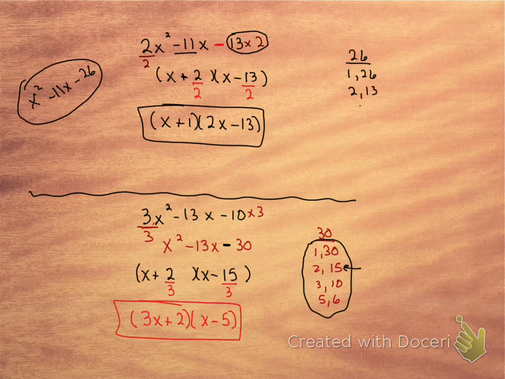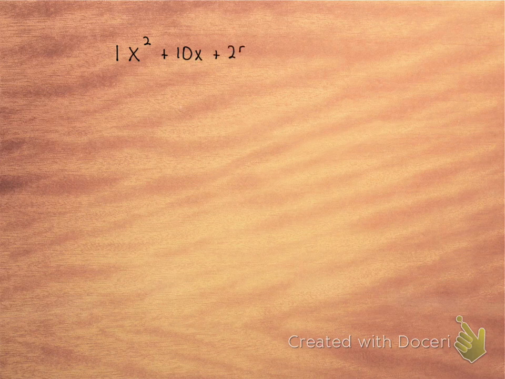Okay, the only other thing that we are going to worry about here is recognizing perfect square trinomials. So we start off with example 5a. We have 1x squared plus 10x plus 25.